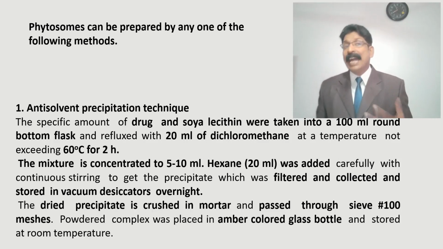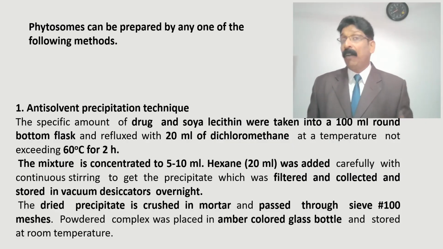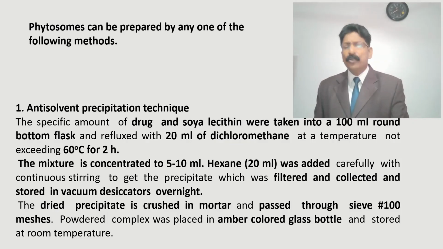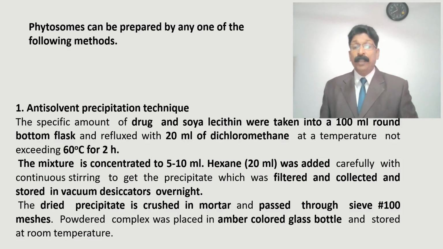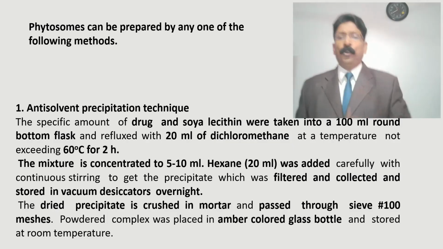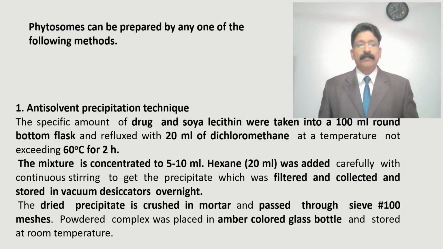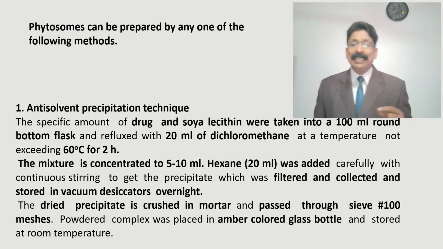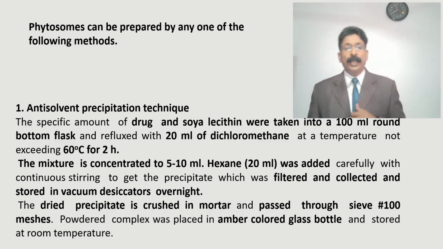The dried precipitate is crushed in a mortar and passed through a sieve; it should be fine, 100 mesh. 100 mesh means very, very fine, the holes of the sieve will be very small, 100 holes in 1 square millimeter. You know very well about the sieve mesh. The powdered complex was placed in an amber colored bottle and stored at room temperature.